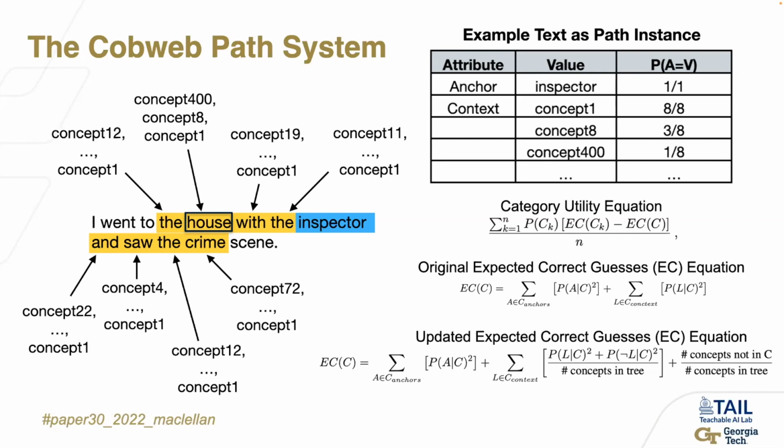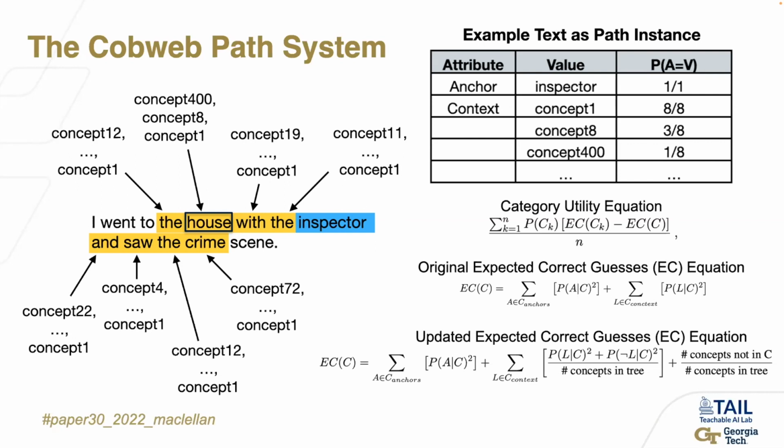So what's the increase in the number of correct guesses that we can make? I'm showing the original expected correct guesses equation in the middle. There's the idea of what's the probability that we correctly guess the anchor, and what's the probability that we would correctly guess the context elements. Those are the two terms there.